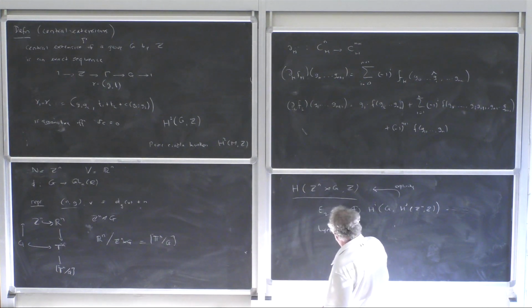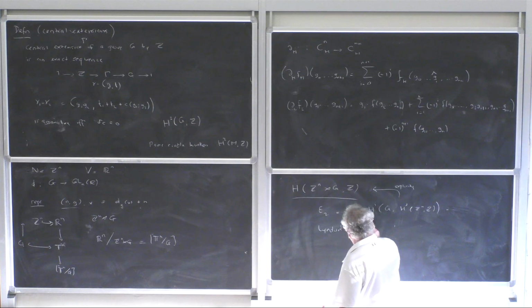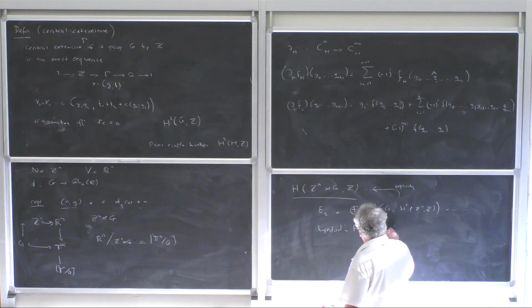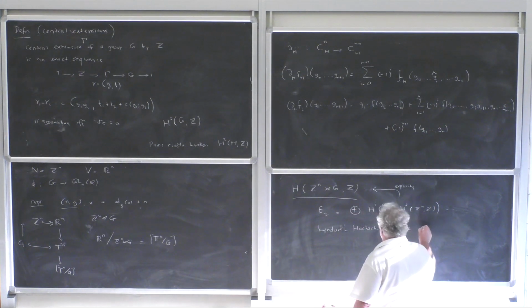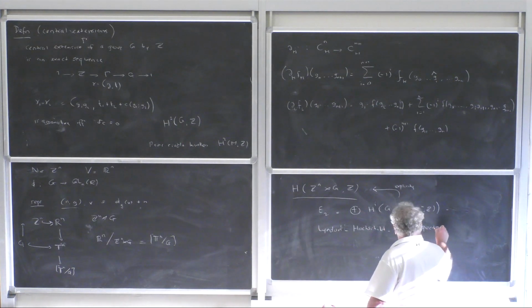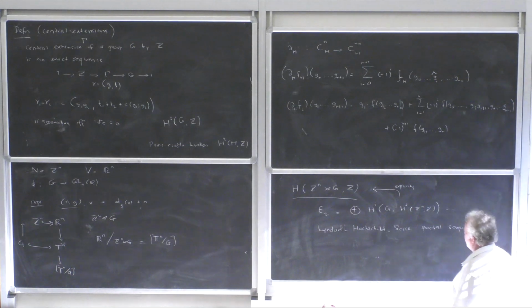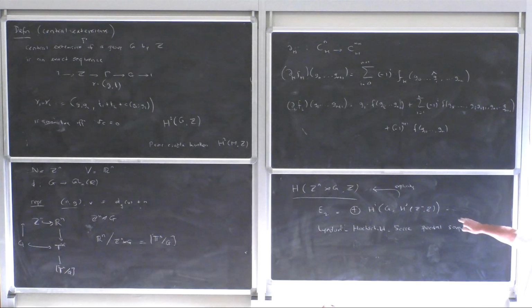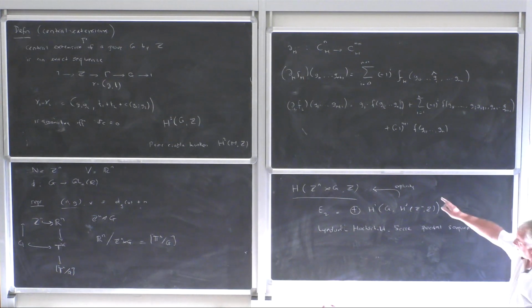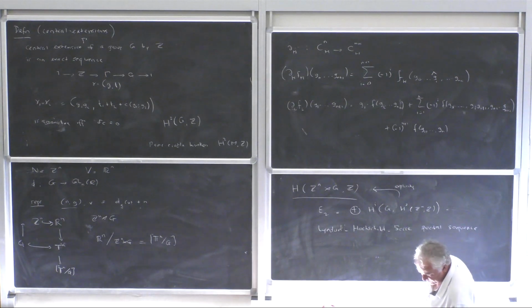Again, this is stuff from the 50s, I think, last century. But again, these iterated cohomologies are very easy to compute, so this gives you a very nice machinery to do all of these computations.